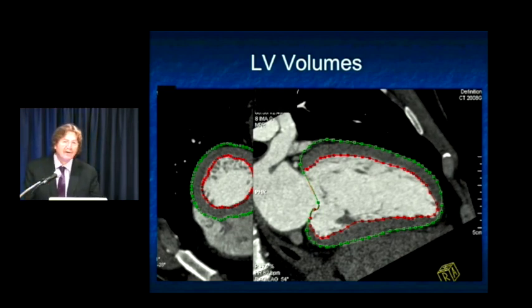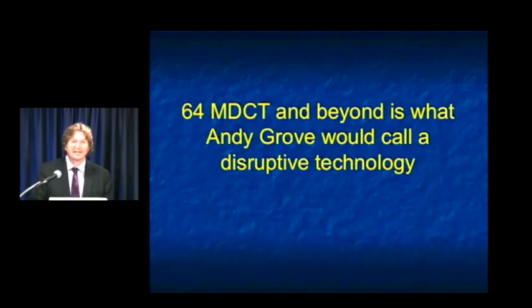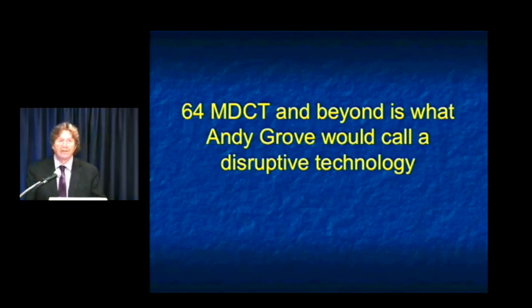People talk about the 320 from Toshiba as a way also of doing cardiac CT. The GE systems, of course, work very nicely as well, but again, it's a matter of how well you use the system. One thing we could think about is that 64-slice CT and beyond is what Andy Grove, one of the founders of Intel, would call disruptive technology.